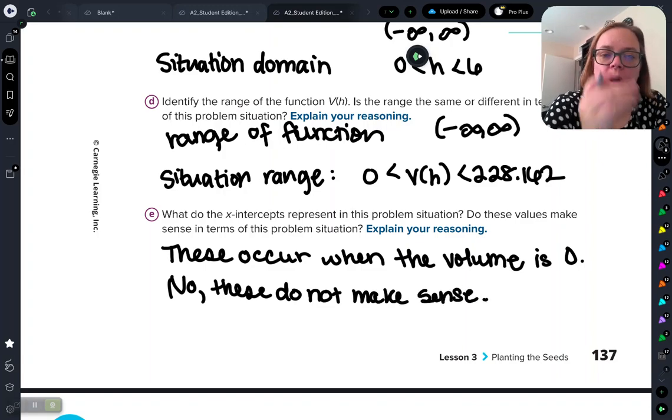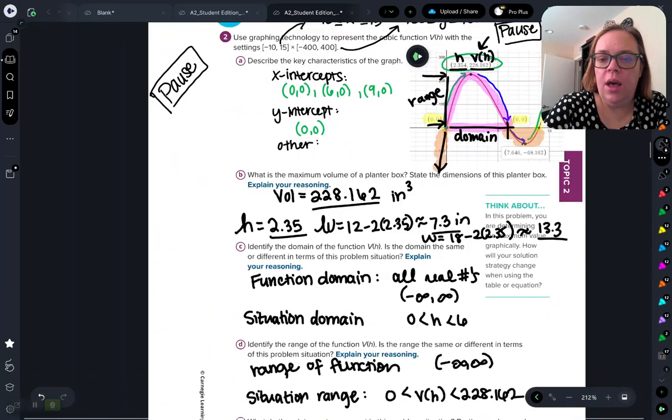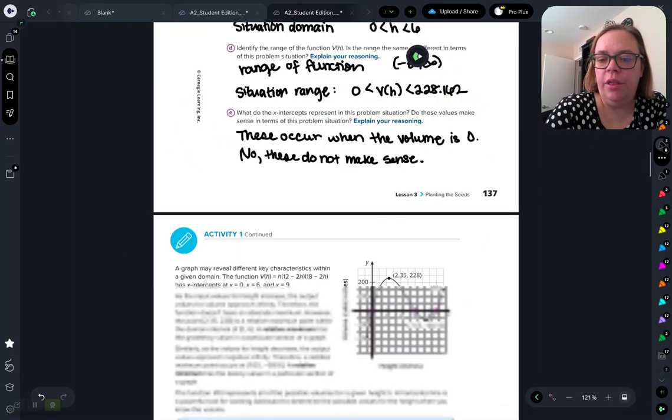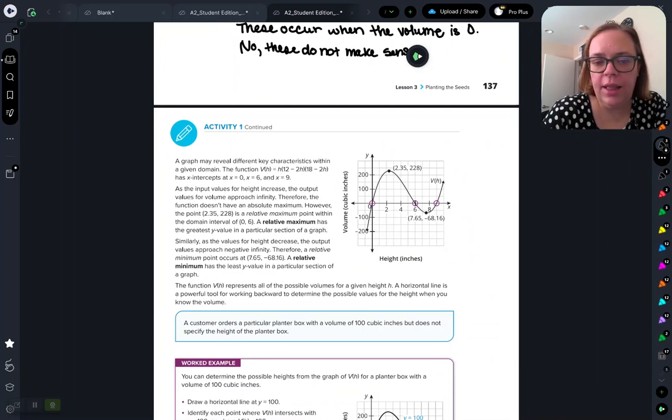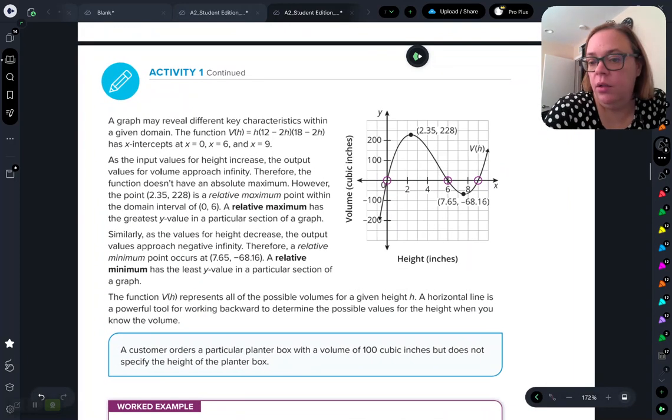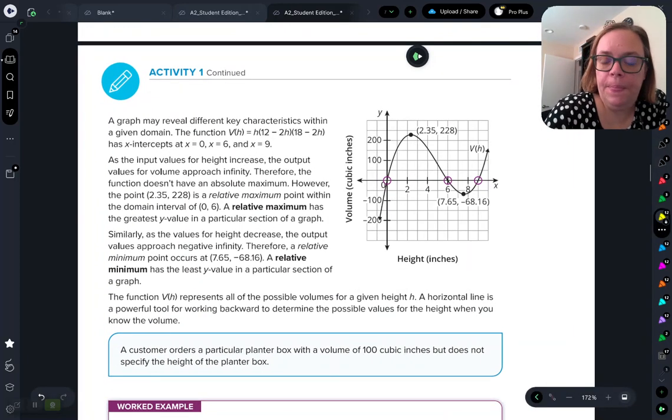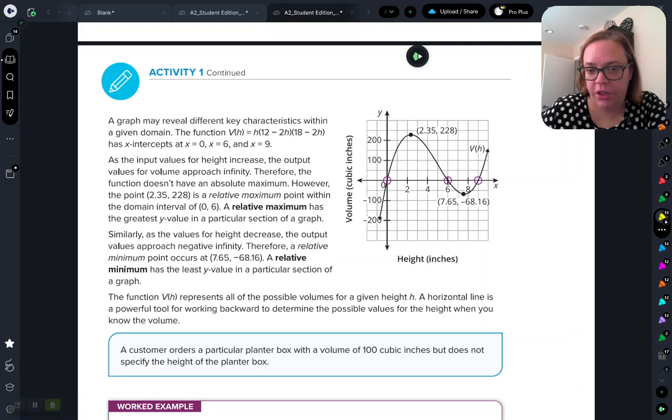Okay, so I wanted to at least get through the planter problem with you. Let's look at a little bit of a definition here, and that is relative maximum and relative minimum. This is pretty much the function that we just looked at. A relative maximum is basically like the top of the hill.